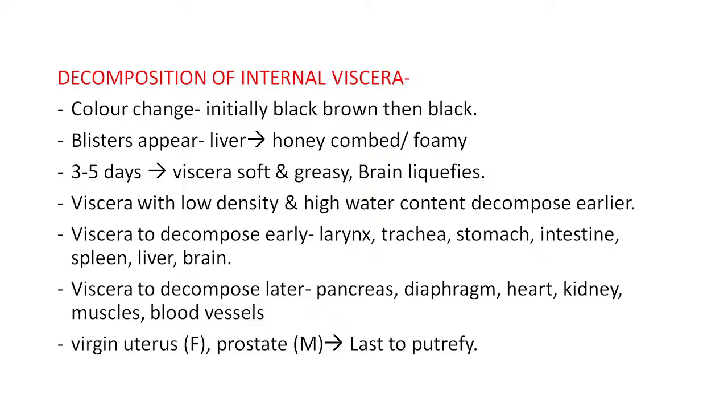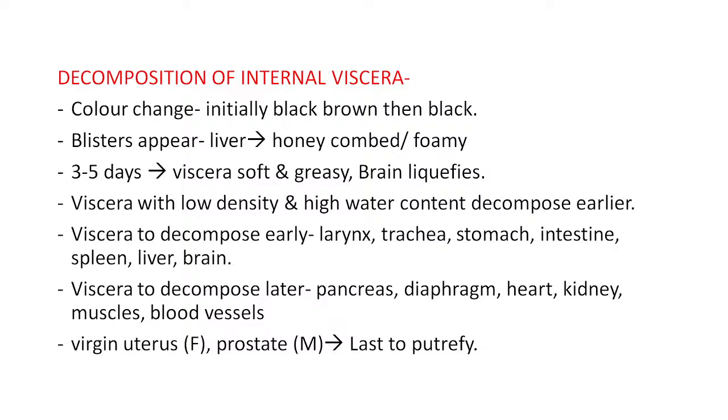Which color will the tissue take when it is decomposing? Greenish, right? So greenish tinge it will take. Then formation of foul smelling gases in the tissues, then appearance of insects, that is maggots, and then tissue will get liquefied. So these are the features of decomposition.